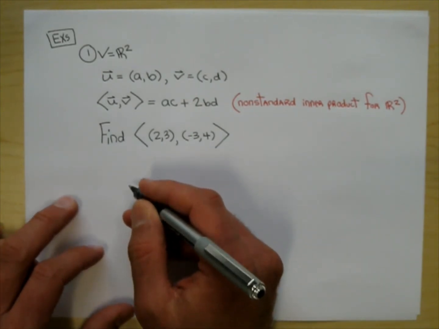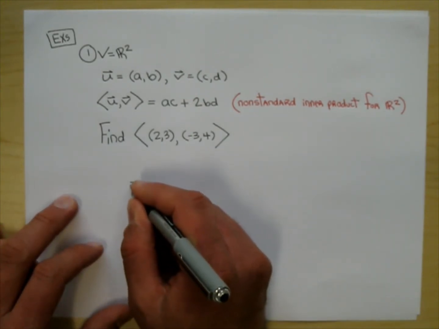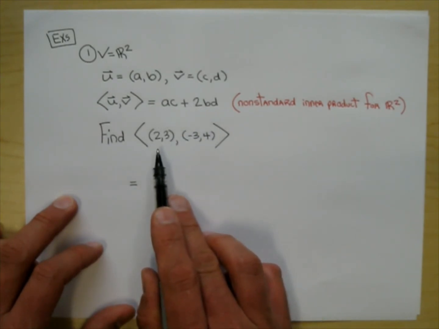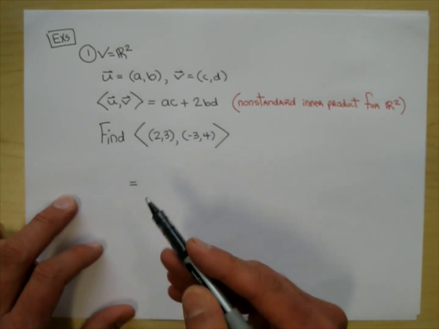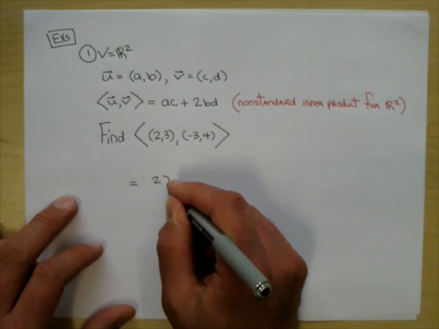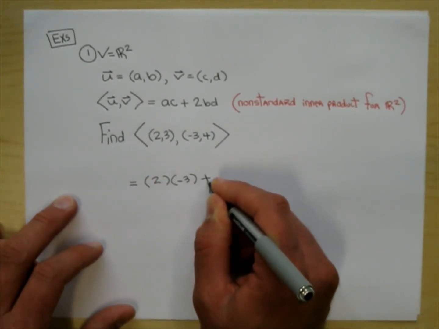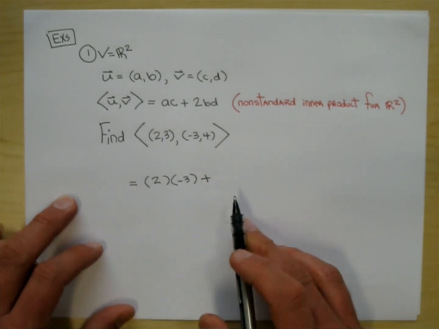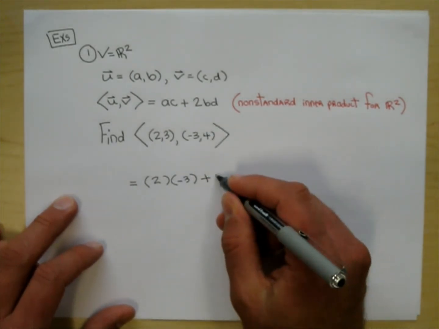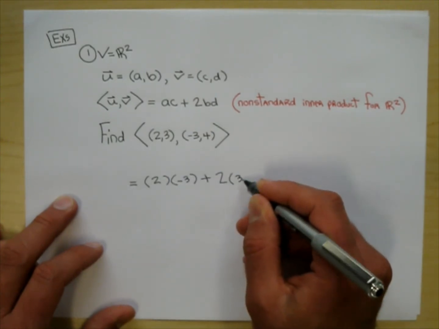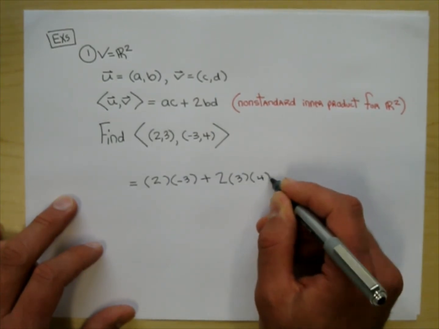Okay, let's go ahead and do this. Okay, so I'm using this as the rule, AC. So this is 2 times negative 3, and I'll write that out. 2 times negative 3 plus, and then we have 2, that's part of the rule there, and then BD. 3 times 4.